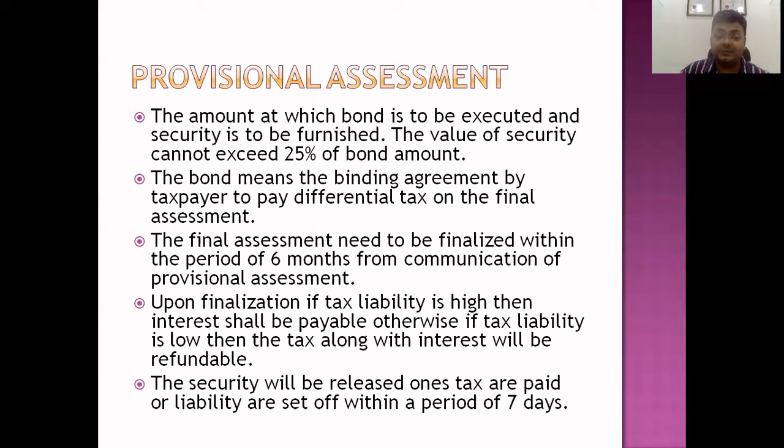It may be the case that after final assessment, there is more tax liability on the person than what was provisionally assessed. In that case, yes, he will pay more tax, along with the interest that is to be paid on it. A taxable person cannot get around the interest. He definitely has to pay the interest on the difference of the tax amount.